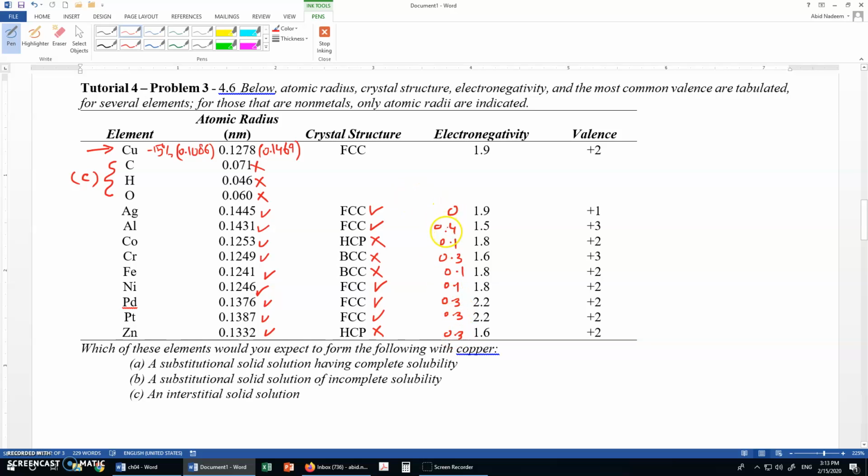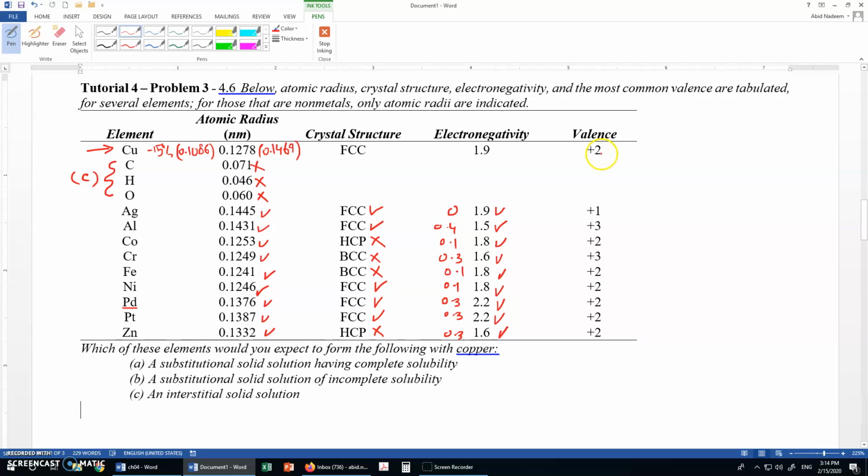As you can see, all the electronegativity values given over here have relatively small differences. So tentatively we can say that this condition is satisfied for solid solution because the electronegativity differences are all small.